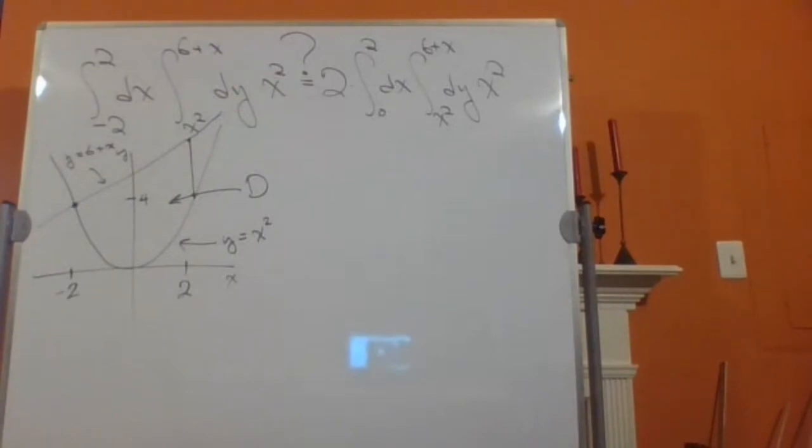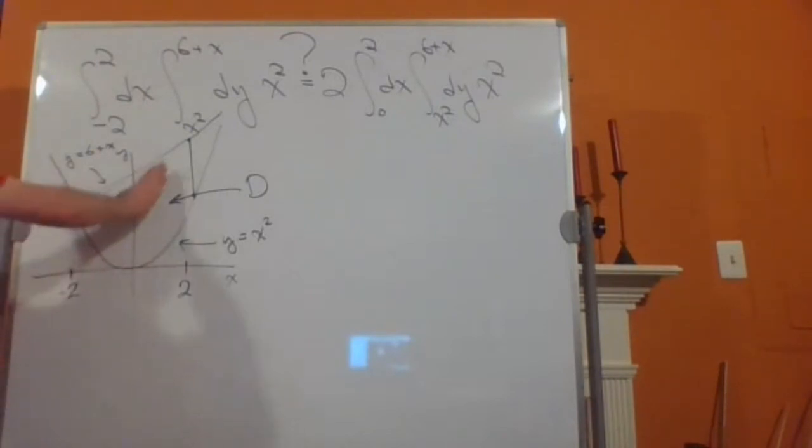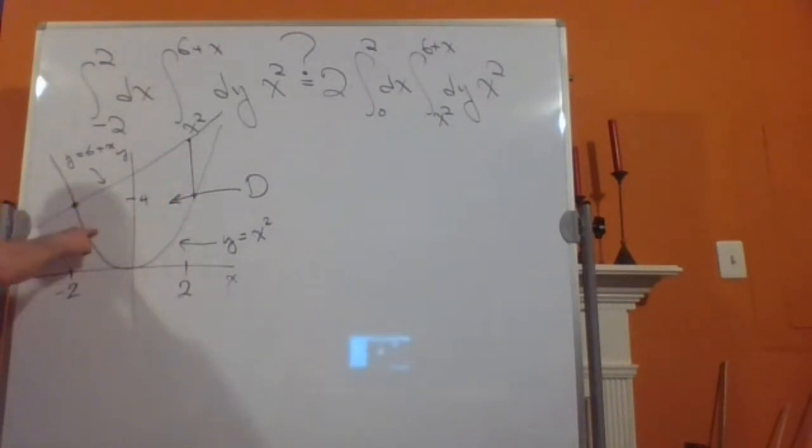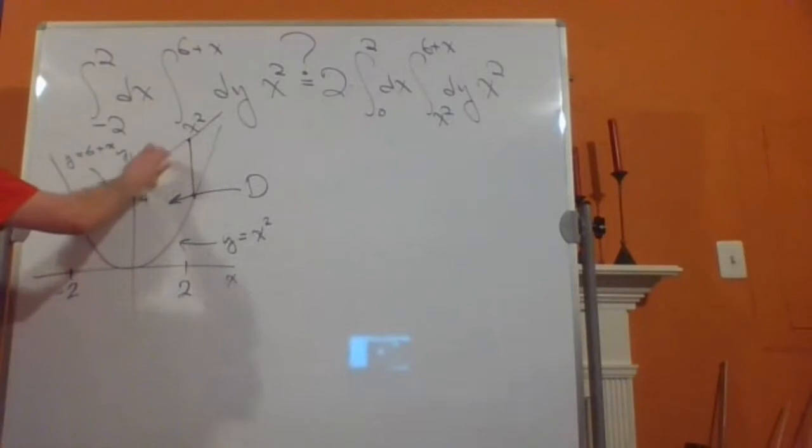In fact, we would expect that the contribution from the right-hand side is significantly larger than the contribution from the left-hand side. I mean, not just a little bit, because we've got this whole extra region up here.